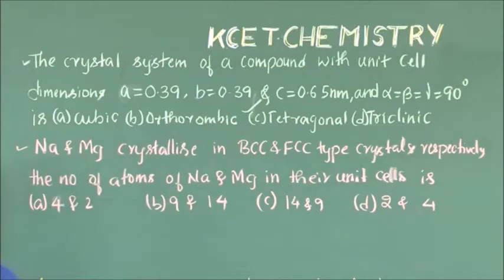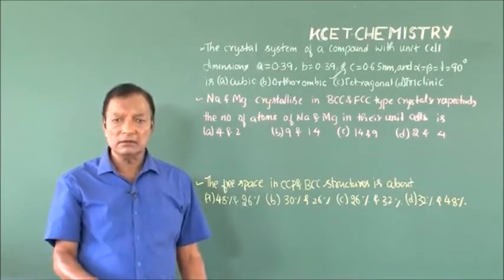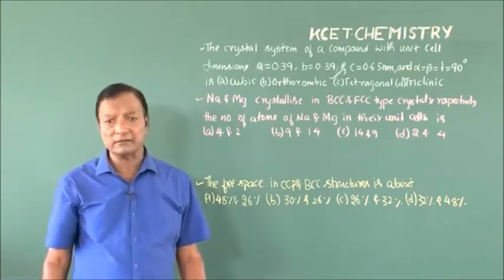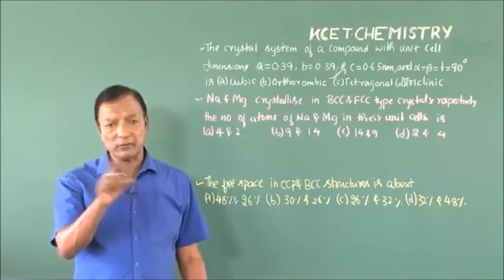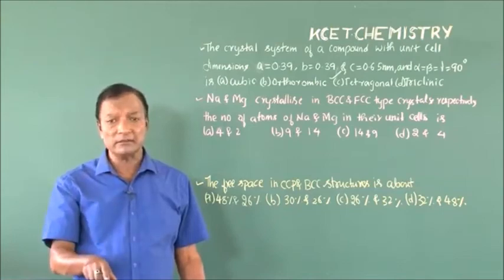Cubic is the one where we say all edges are equal and all angles are equal and equal to 90 degree. All edges, length, breadth, height equal. All angles equal to 90 degree.